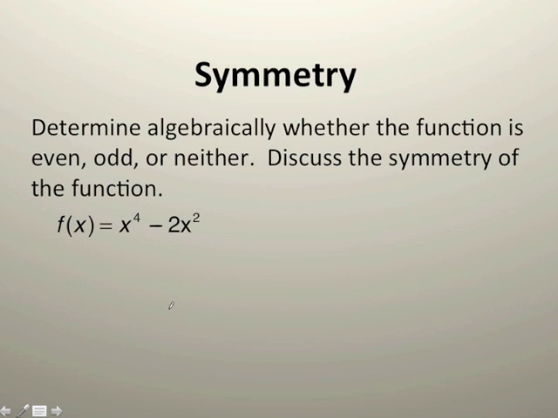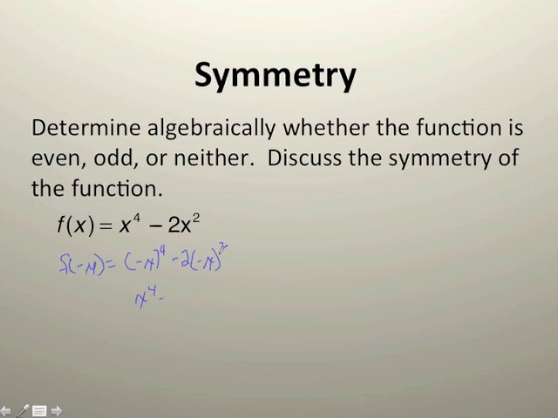Here we want to check the symmetry algebraically, and what we do is we find f of negative x. So we make negative x to the 4th minus 2 times negative x squared. Well, negative x to the 4th still turns out to be x to the 4th.